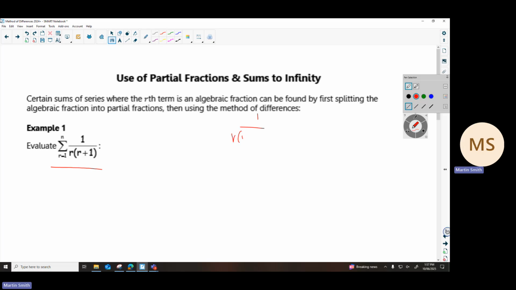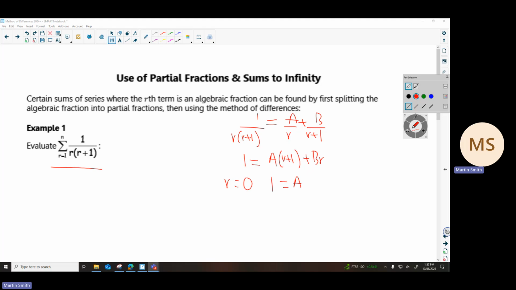So 1 over r times r plus 1 can be written as a over r plus b over r plus 1. By standard partial fractions methods, if you multiply through, you will get 1 is a times r plus 1 plus b times r. If you sub in r is equal to 0, you will get 1 equals a.